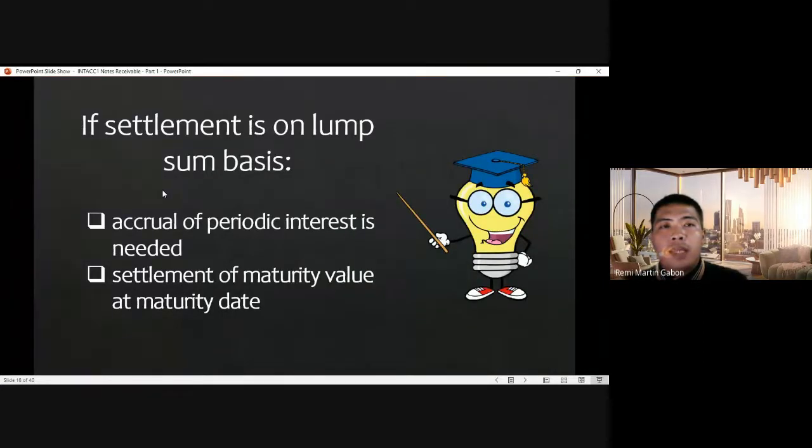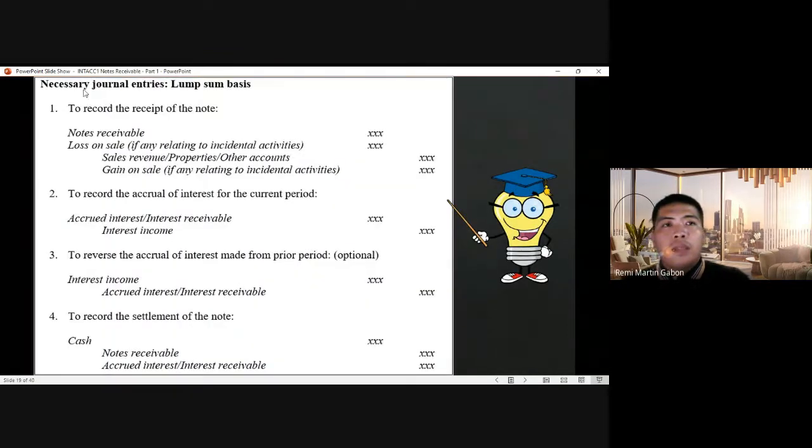If the settlement is on lump sum basis, the procedure for the accounting is to make accrual of periodic interest and account for the settlement of the maturity value at maturity date. Necessary journal entries or summary journal entries for lump sum basis. To record the receipt of the promissory note, debit notes receivable and credit either sales revenue if it is coming from dealings with customers.